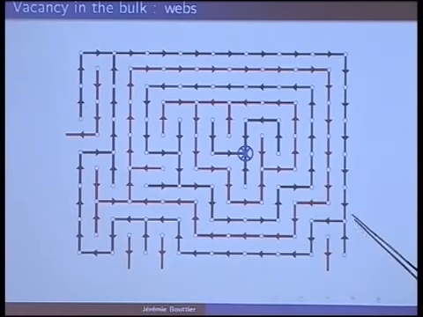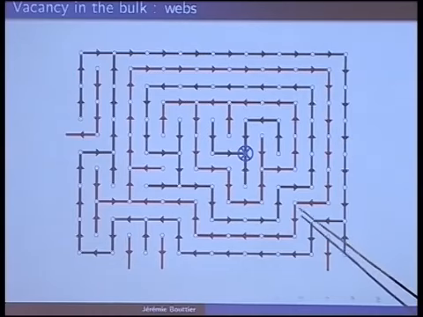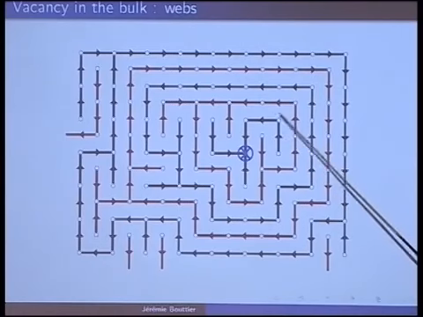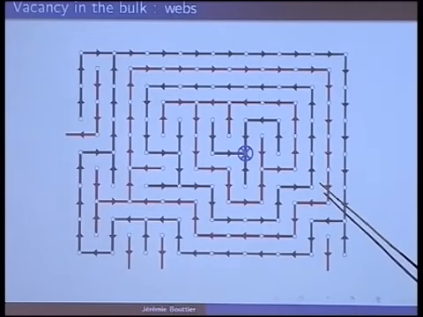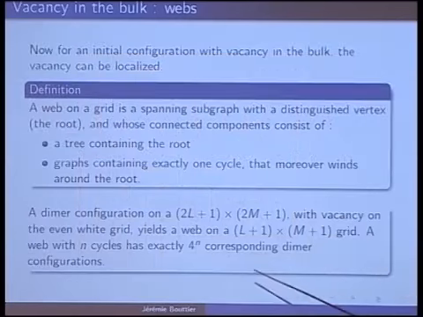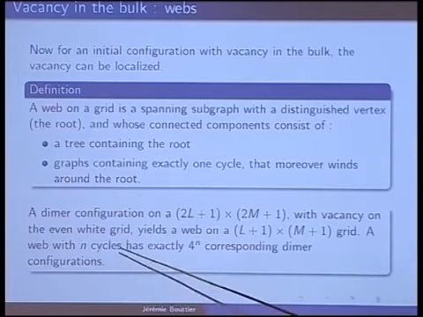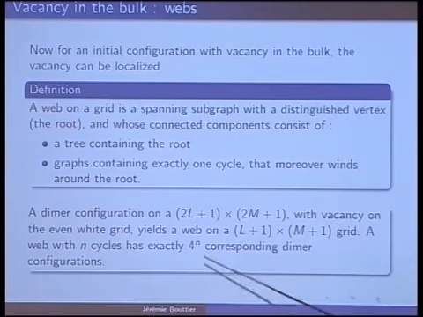And you realize that there are exactly two possible choices for the cycles winding around: for the black cycle which comes from the tree, and the red cycle which comes from the dual tree. In this case, when you have an even white grid, there are exactly as many cycles as dual cycles. So that's 2 times 2, 4 to the n dimer configurations.